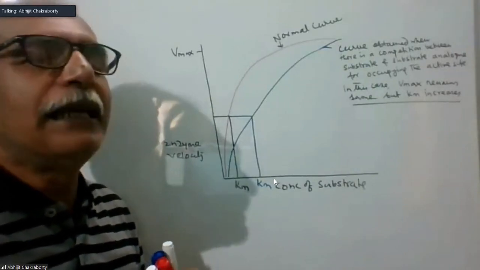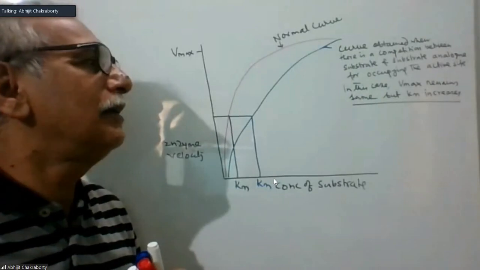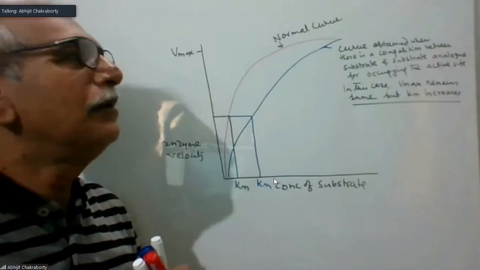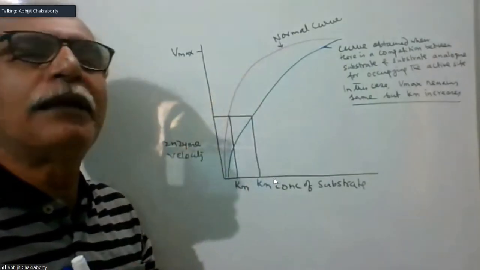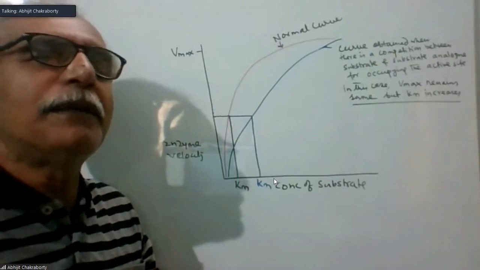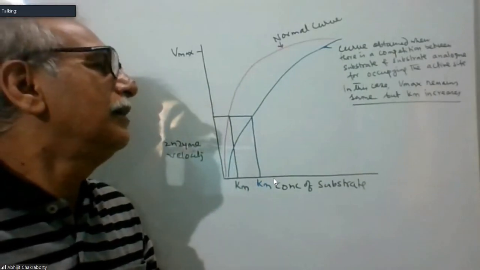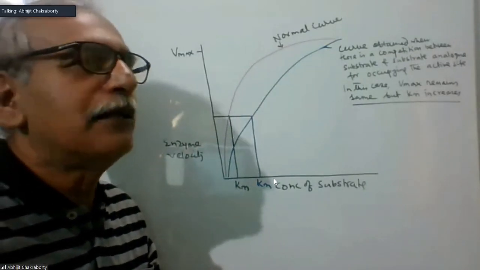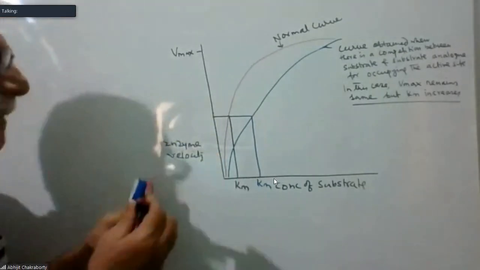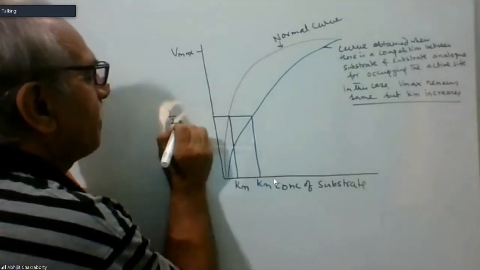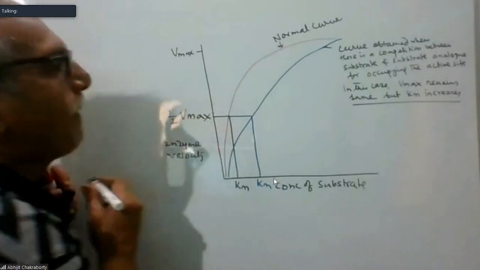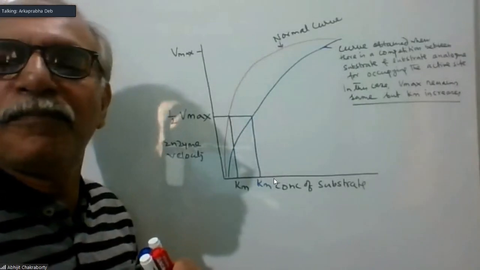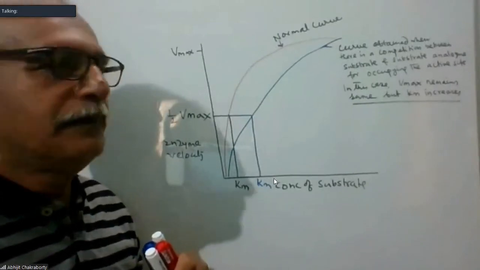That's why we say in competitive inhibition, Vmax remains the same, because there is no change in the efficiency of the enzyme. The enzyme will be equally efficient, but as substrate analogs are present in the medium, some more substrates are to be added to get half Vmax. Clear? Yes, sir. Okay.